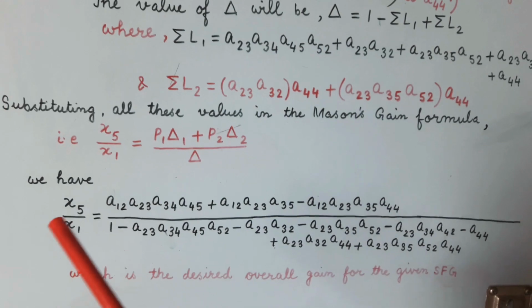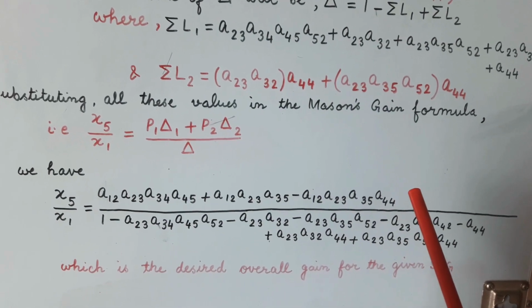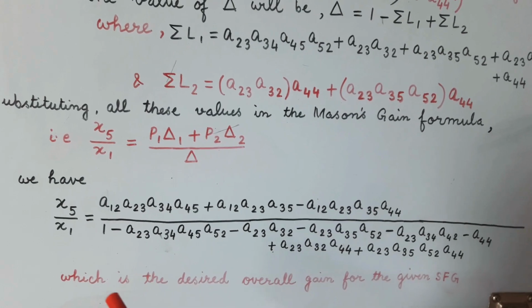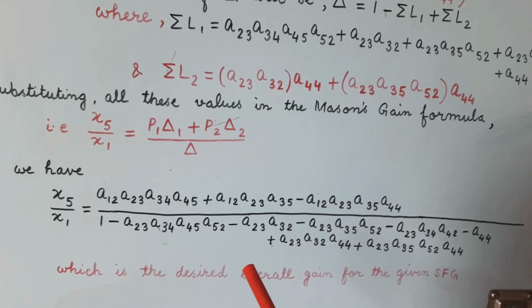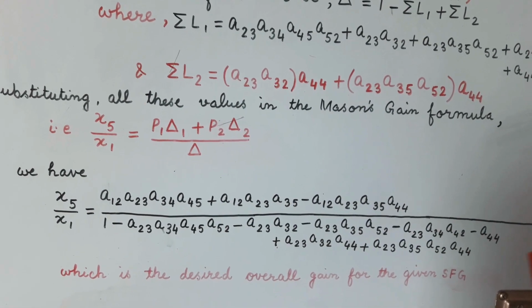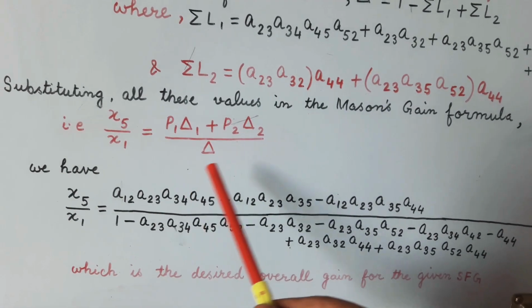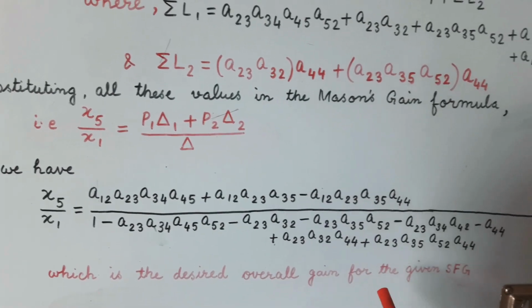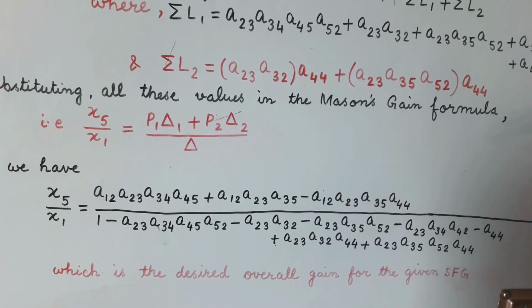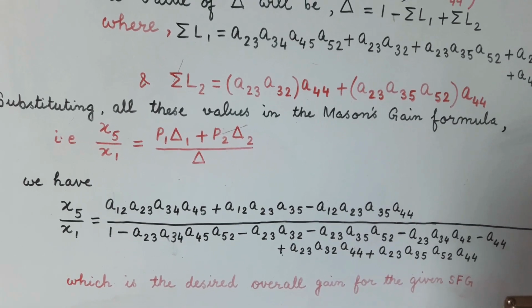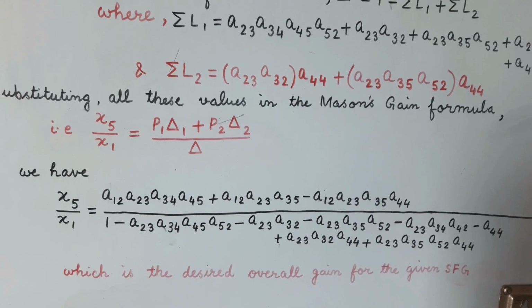Now we substitute all the values which we have found out. Then the overall gain will be given by this expression. I hope you understand how we can find out the overall gain with the help of Mason's gain formula.